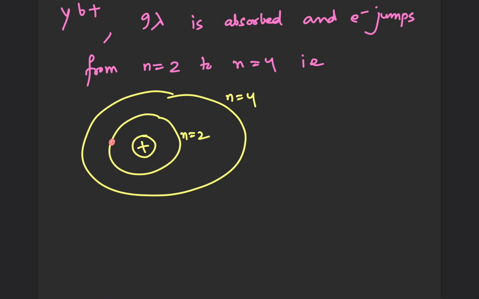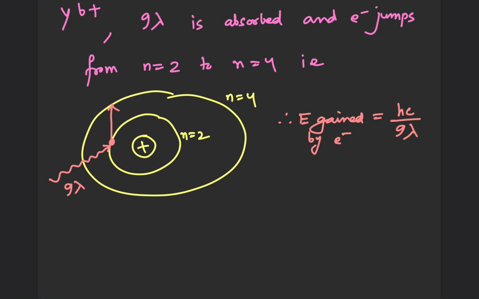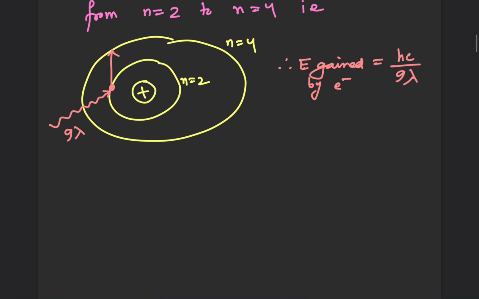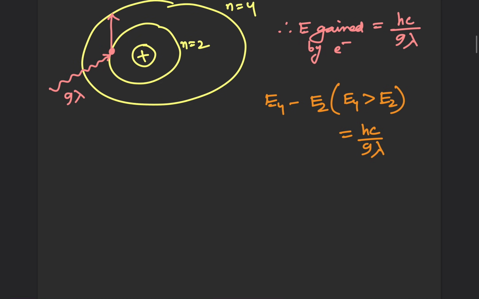And let's say the electron is here, and a light of wavelength 9 lambda falls on it. It absorbs the energy and jumps to n equal to 4. So the energy gained by the electron will be equal to hc by the wavelength 9 lambda. And the energy gained will be E4 minus E2, because we know that E4 is greater than E2, which will be equal to hc by 9 lambda.